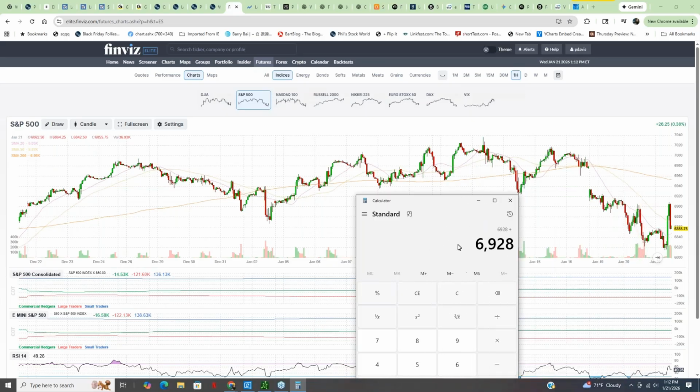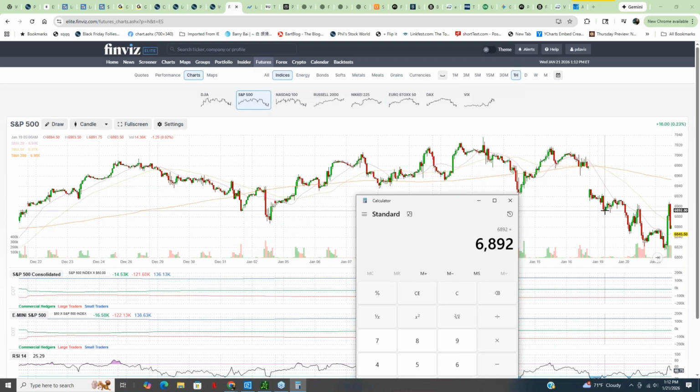So minus 36 again is 68.92. 68.92 right here. Look at that. See how well that lines up? So 68.92, wait, 92, very tricky.